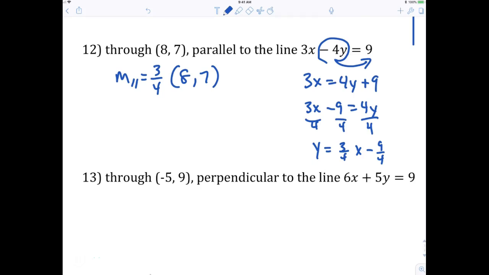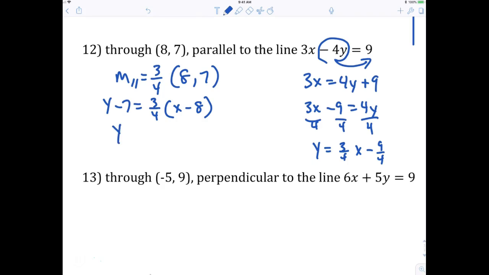And we're passing through 8, 7. So we're going to write it in point-slope form first. Emily, you want to give that a shot for me, please? Go, I'm listening. Beautiful. Okay. Now I must distribute the 3/4.